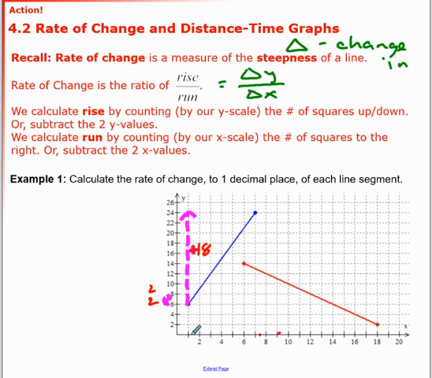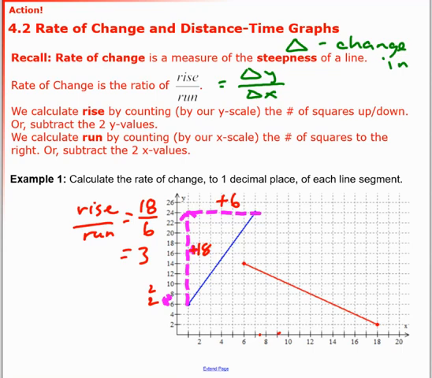And then here it's going by ones. So it's going 1, 2, 3, 4, 5, 6. And a positive 6. And so our rise and our run equals a rise of 18 and a run of 6. And we can reduce that. 6 goes into 18 3 times.